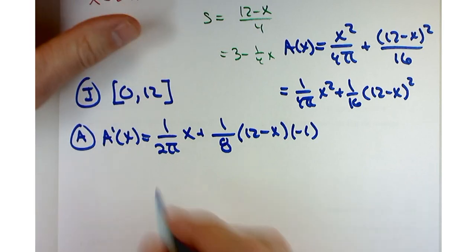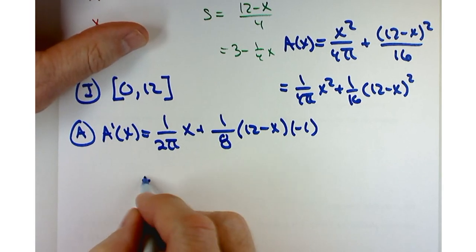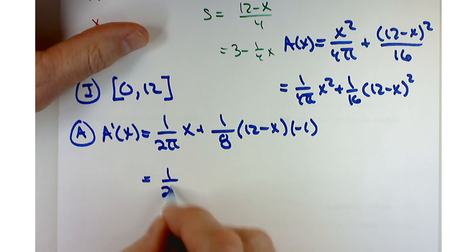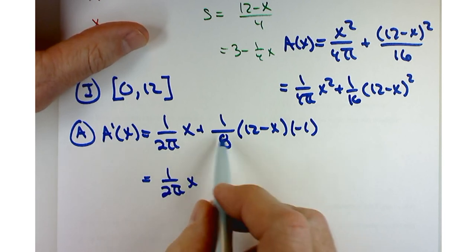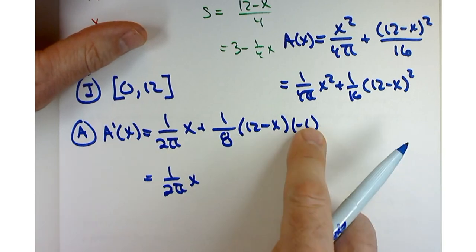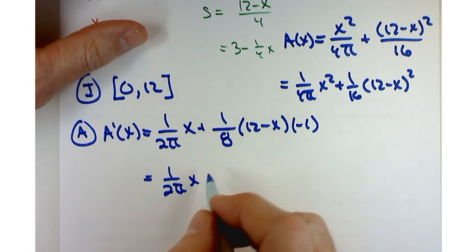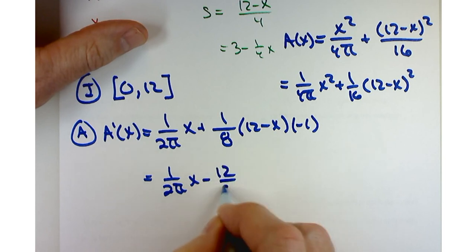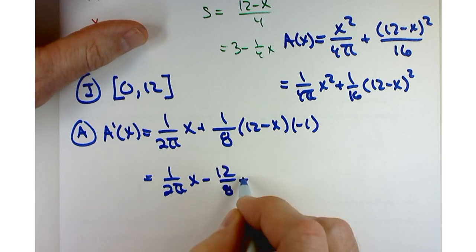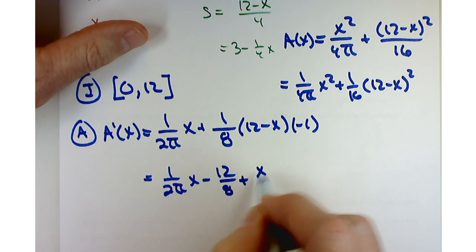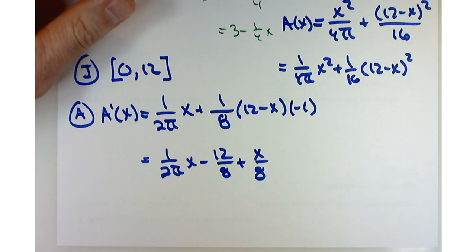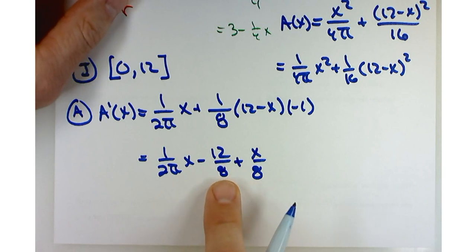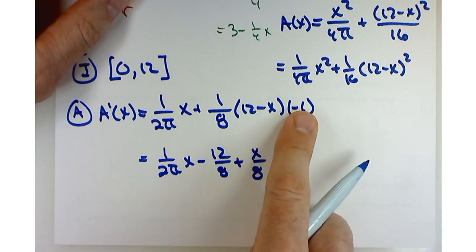Okay. Let's see if we can't clean this up a little bit more. It's going to be 1 over 2 pi times x. If I distribute the -1/8, it's going to be -12 over 8 plus x over 8. Of course, that does simplify a little bit, but I wasn't worried about that at that time.